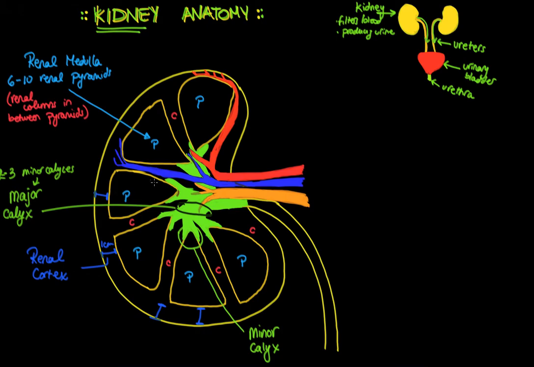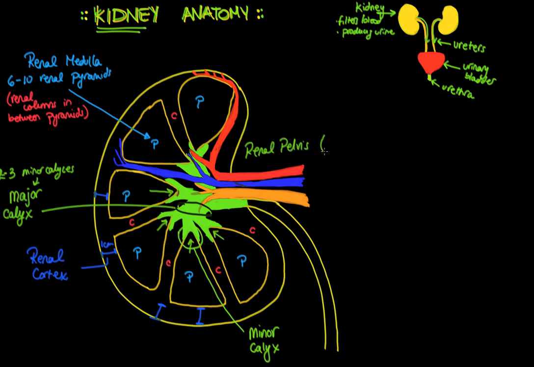Next up, if we're trying to trace the pathway of urine, because now we've established that urine is going to get pooled into these minor calyces, which will then pool into the major calyx, and then the major calyx is actually going to converge onto this region here that we then call the renal pelvis.